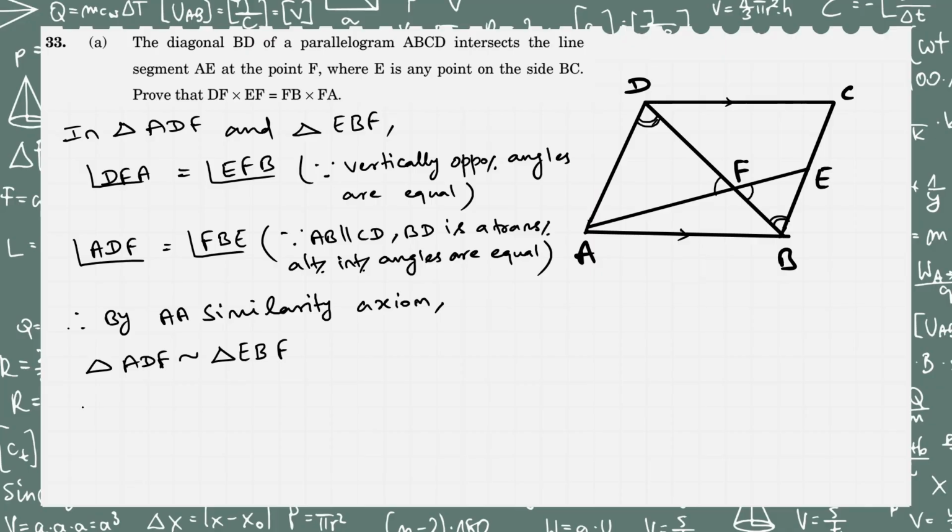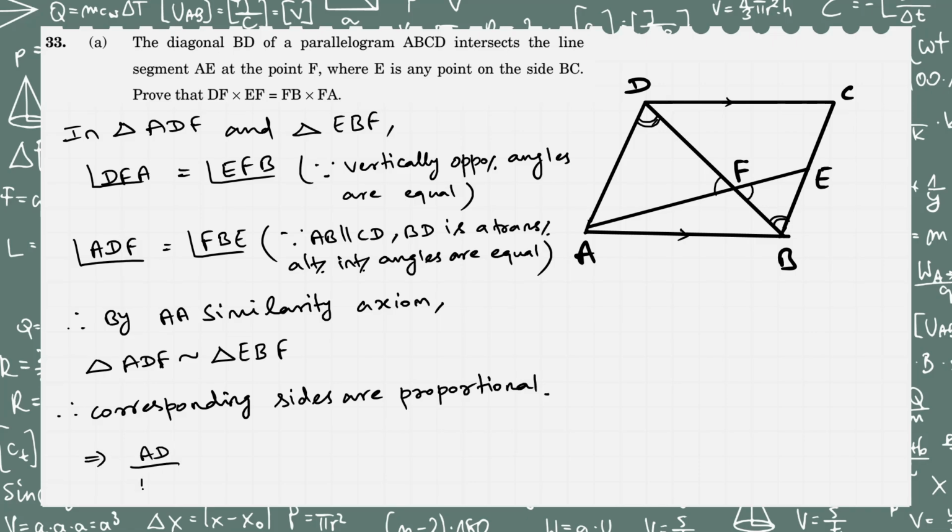So after this, corresponding sides are proportional. That implies AD divided by EB, the first two letters from the first triangle and the first two letters from the second triangle.